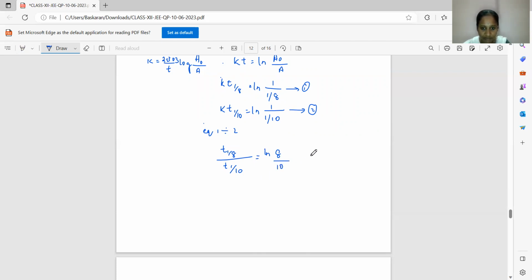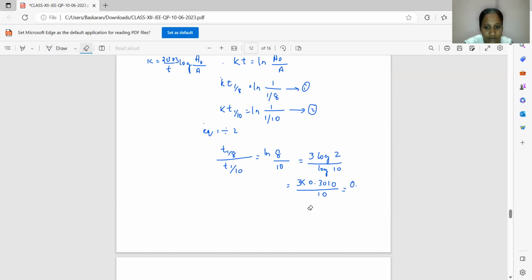On simplification of this, you will get 3 log 2 divided by log 10, which is equal to 3 into 0.3010 divided by, not 10, log 10 is equal to 1.